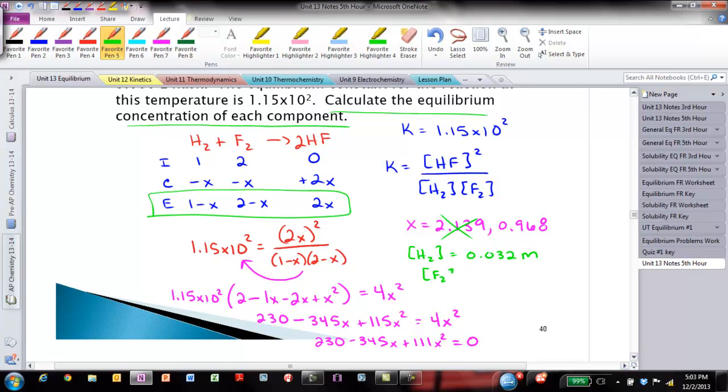For fluorine, I'm going to take 2 minus my x. Get 1.032. And for hydrogen fluoride, I'm going to take 2 times my x. And get 1.936. And these are all concentrations, so they're all molar. And that's my answer.